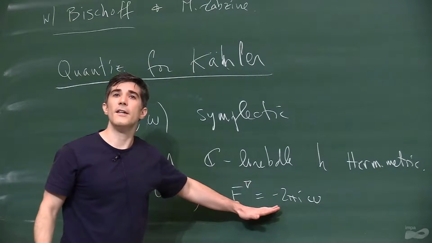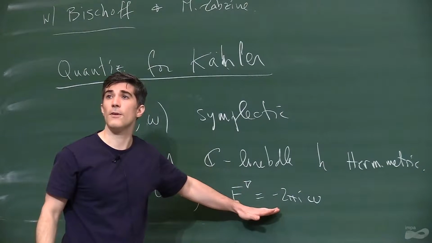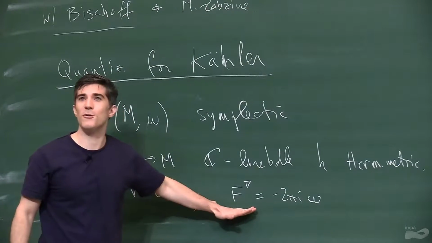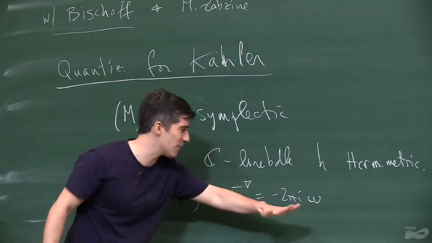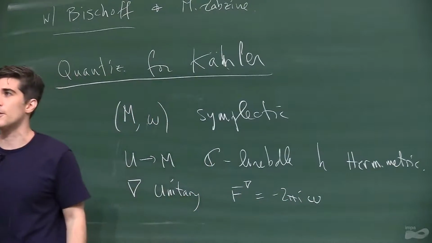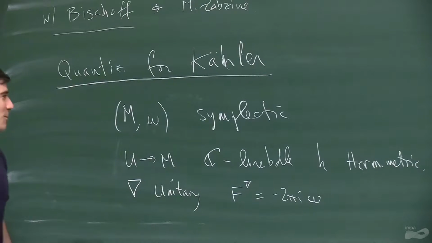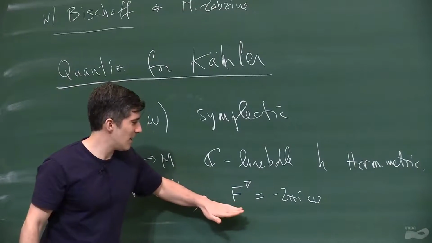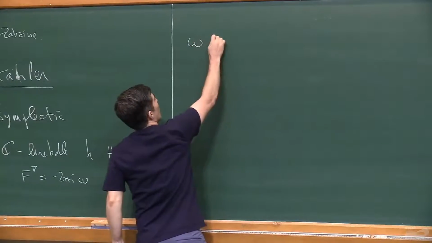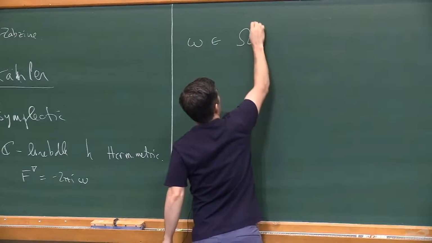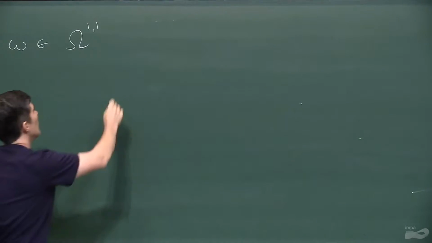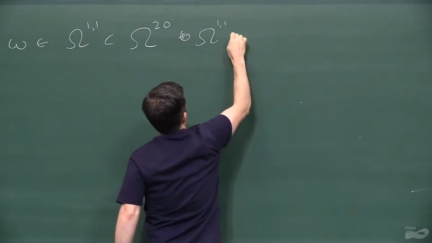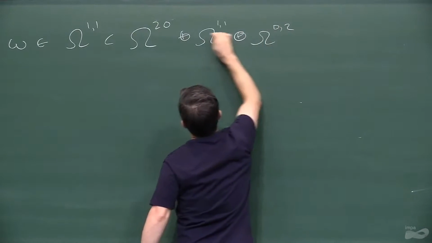And then the idea is that you want to take flat sections of this line bundle. But, of course, curvature is the obstruction to finding flat sections. Because of the fact that you have curvature, you cannot find flat sections. So it fails. Quantization is impossible. Okay. So instead, what you do is you say, well, omega is in omega 1,1. So it's of type 1,1, which is inside all forms.